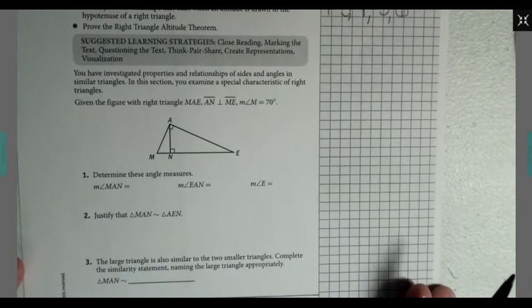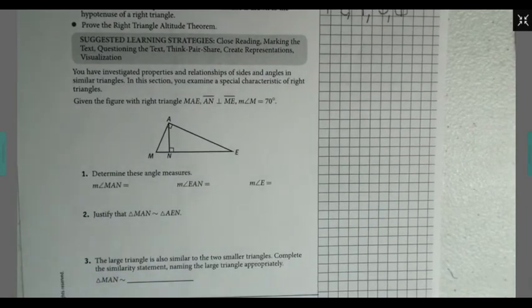It says, you have investigated properties and relationships of sides and angles in similar triangles. In this section, you examine a special characteristic of right triangles. Given the figure with right triangle MAE, we know that AN is perpendicular to ME, and the measure of angle M is 70 degrees.